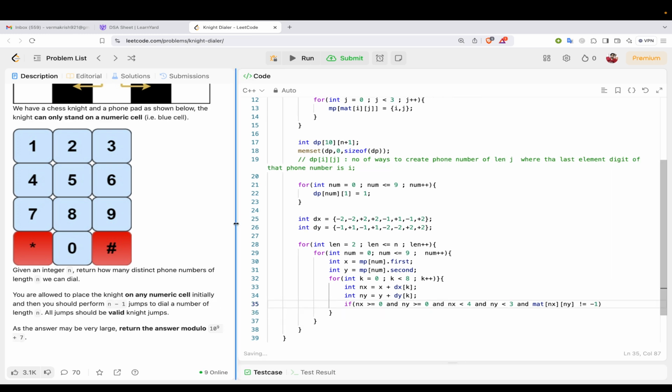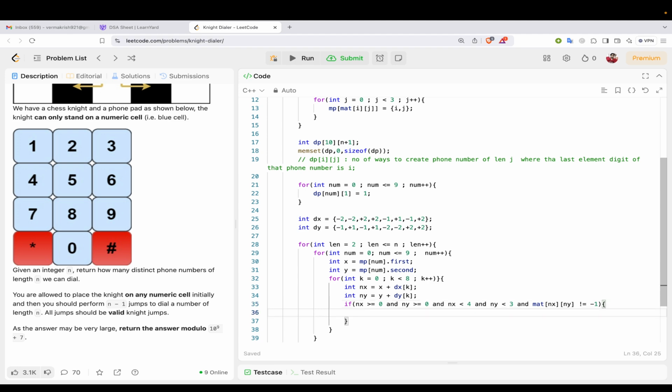One more thing we have to take care of is that we cannot actually go to the star and hash. So for that I have written this check that the destination coordinate cannot be the coordinate of star or hash. So that is the way to check it.